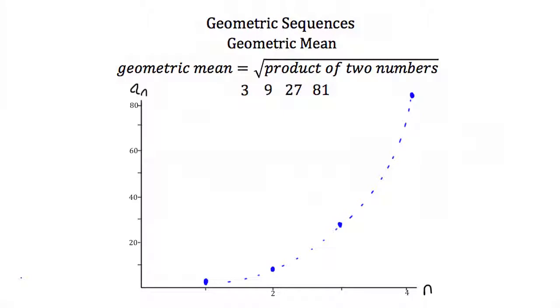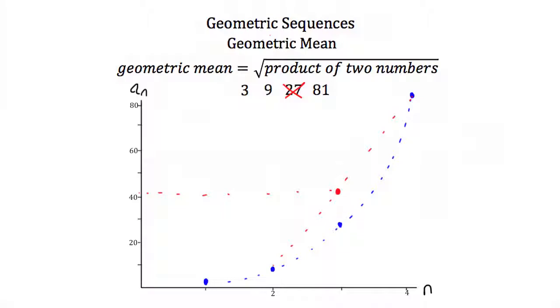Now let's say we didn't know our third term, and we wanted to find this third term. All we knew is 3, 9, some term, and 81. Well, if we tried to use an arithmetic mean to find this term on a geometric sequence, between 81 and 9, we would find that our value would be roughly here, and this is about 41, 42.